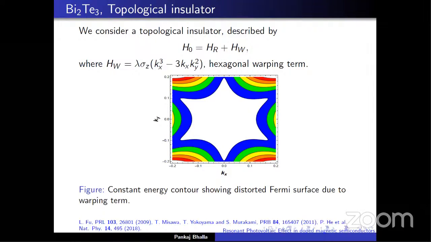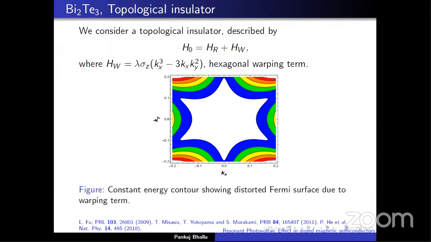He considered that if we take this k cube dependent term in the band Hamiltonian, which we call the hexagonal warping term, then the structure comes out like a snowflake shape, or a hexagonally distorted shape, which is equivalent to what ARPES spectroscopy has measured in their papers.